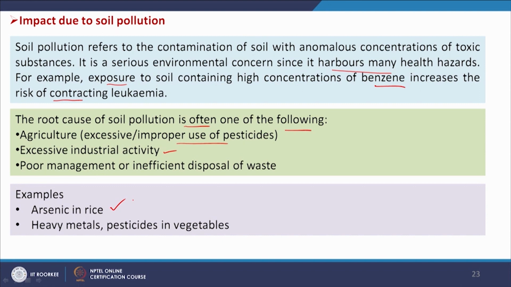A recent report says that arsenic is not only available in groundwater, it is also coming into the rice, because of the contamination of the soil and groundwater both. Then there are heavy metals and pesticides in vegetables. In many vegetables we are getting heavy metals and pesticides, because of soil contamination, water contamination, etc.